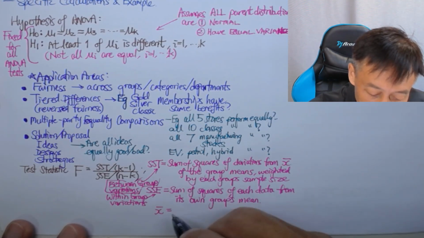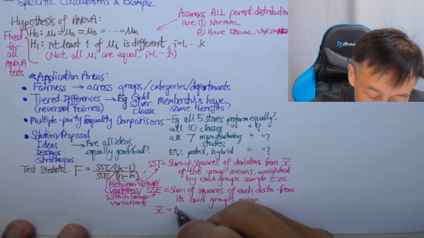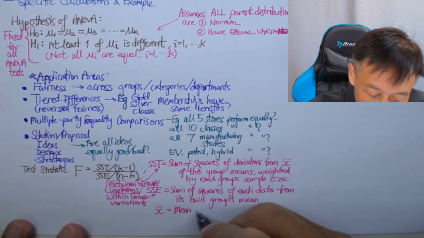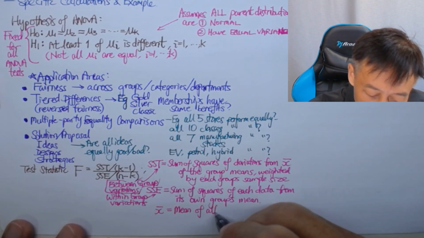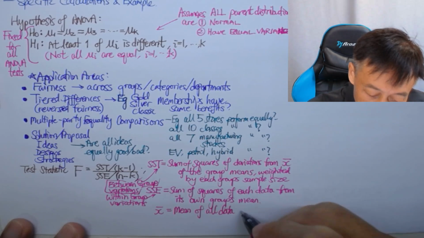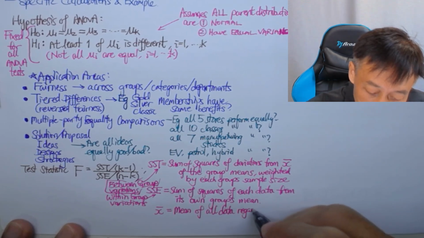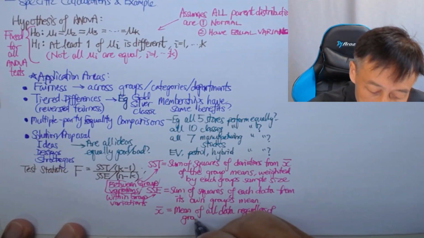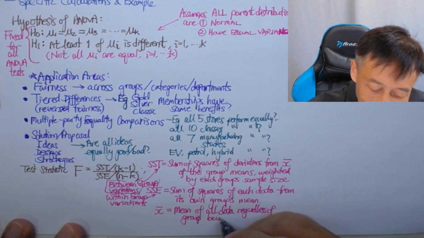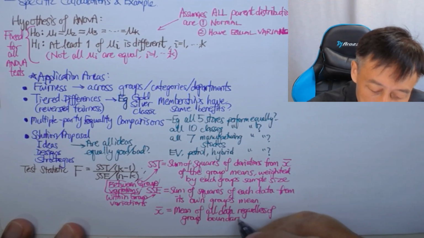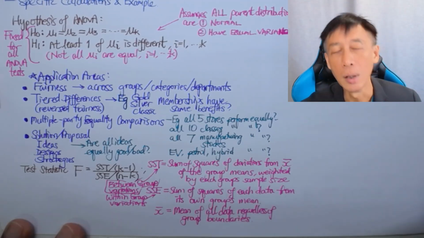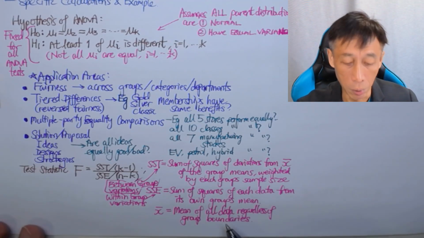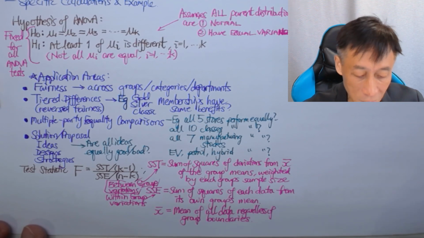X bar is the average mean of all data, regardless of group boundaries. So tear down the group's temporary boundaries and average up all the numbers. So that's our calculation. That's it, right?